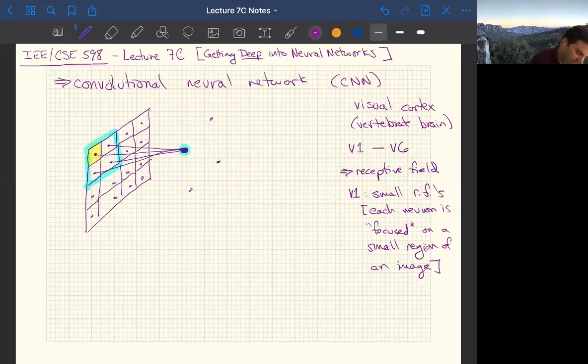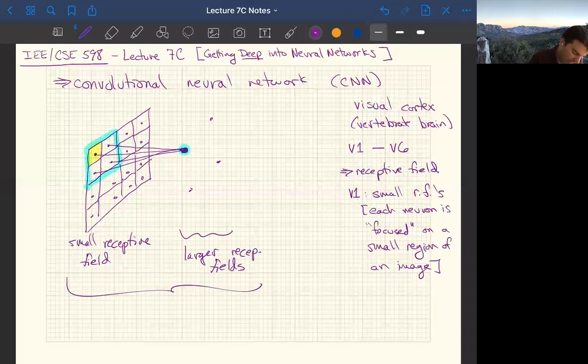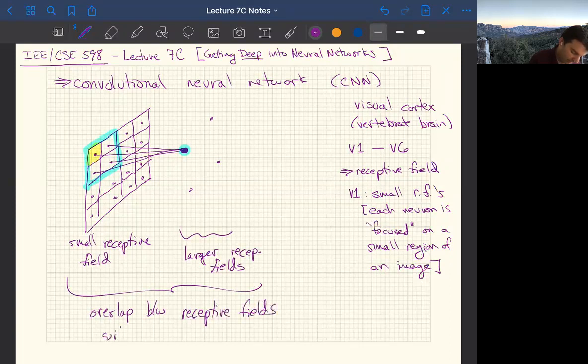So you have a small receptive field, and then over here you've got larger receptive fields. And then in general, we've got overlap between receptive fields within each layer.